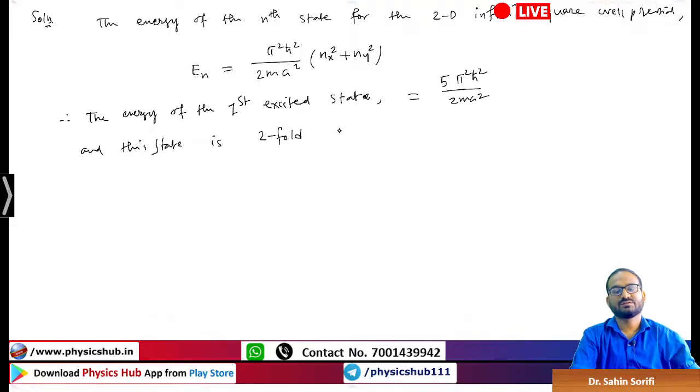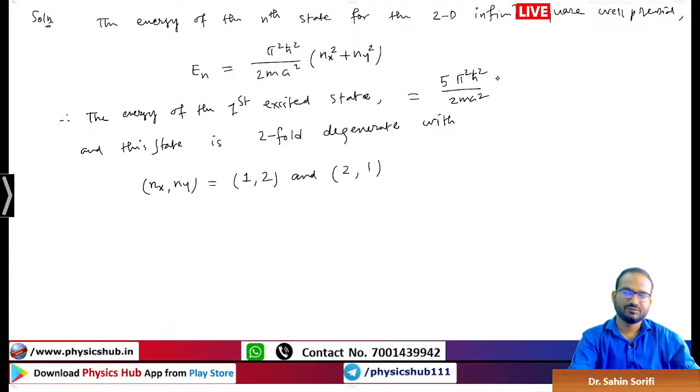Okay, f is equal to 2, two-fold degenerate with, you see, nx ny equals, you can take 1 2, then also you get 5 pi square h cut square by twice m a square, or if you take 2 1, then also 2 square plus 1 square is 5.